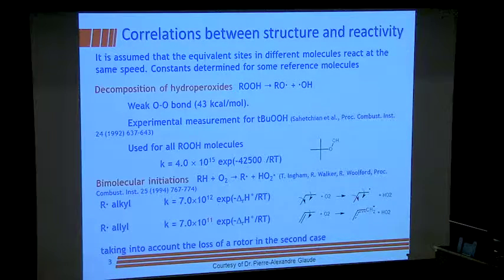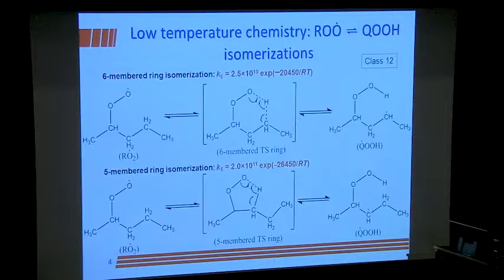Hence, the frequency factor is an order of magnitude lower, and that's true if you abstract any allylic type hydrogen atom. Your activation energy is also going to be lower, because it depends on the heat of formation of products minus the heat of formation of reactants. But these are rules that you can use to estimate the rate constants for these types of reaction.